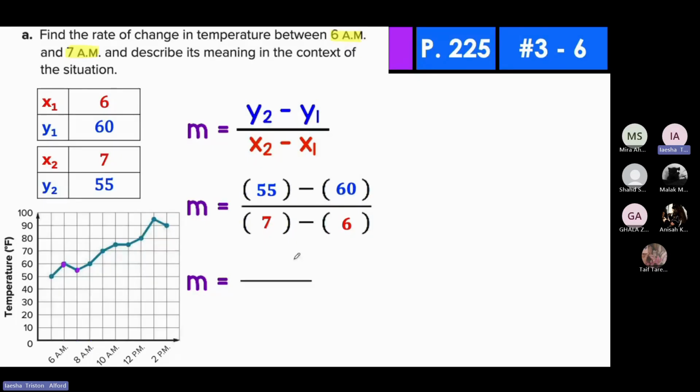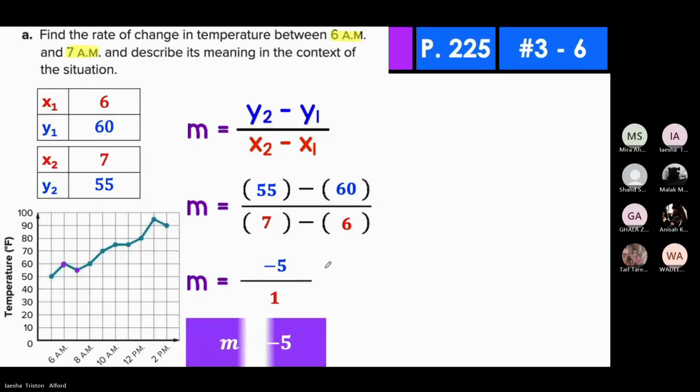Subtract the top, you get negative 5. Subtract the bottom, you get positive 1. Divide, you get negative 5.